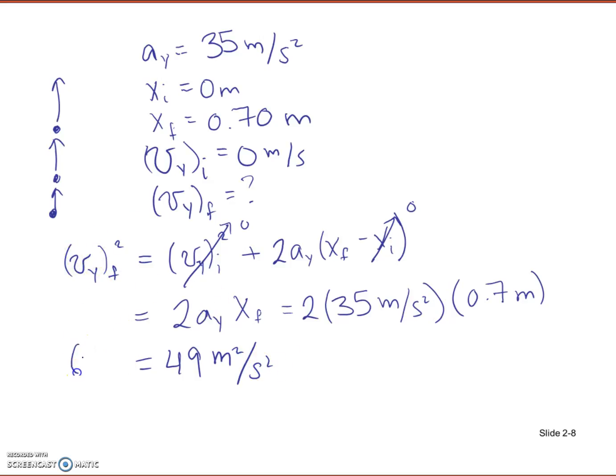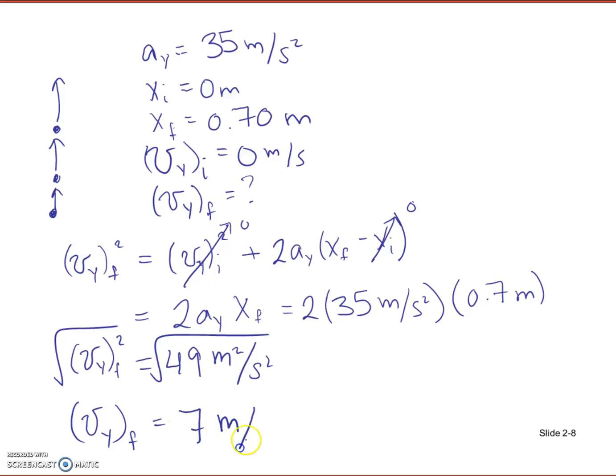So if I take the square root of both sides, because this is squared here, then I can get my final velocity. Square root of 49, I know this one off the top of my head. Don't even need my calculator for that. That is 7 meters per second.